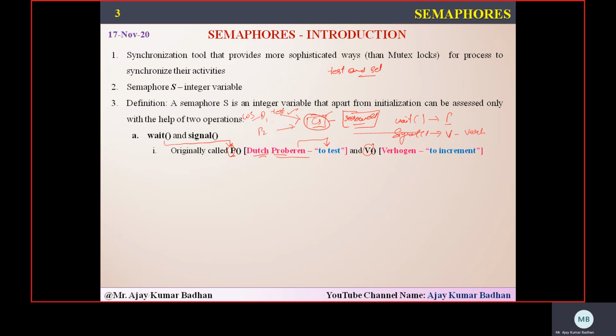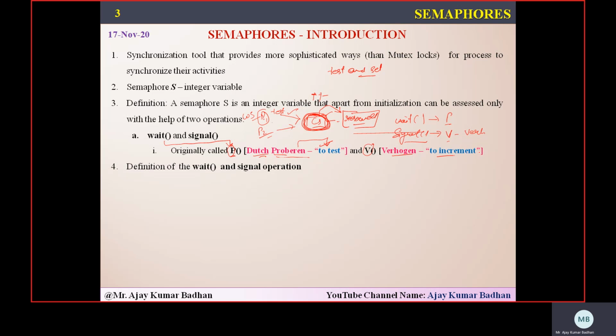I will explain it in the coming slide. Whenever a process accesses this critical section, it will first decrement the value; that is what we call test. And whenever it completes execution in the critical section and comes out of it, it will increment the value so that other processes can try to access it. That is what we call signal, which is verhogen, meaning to increment.